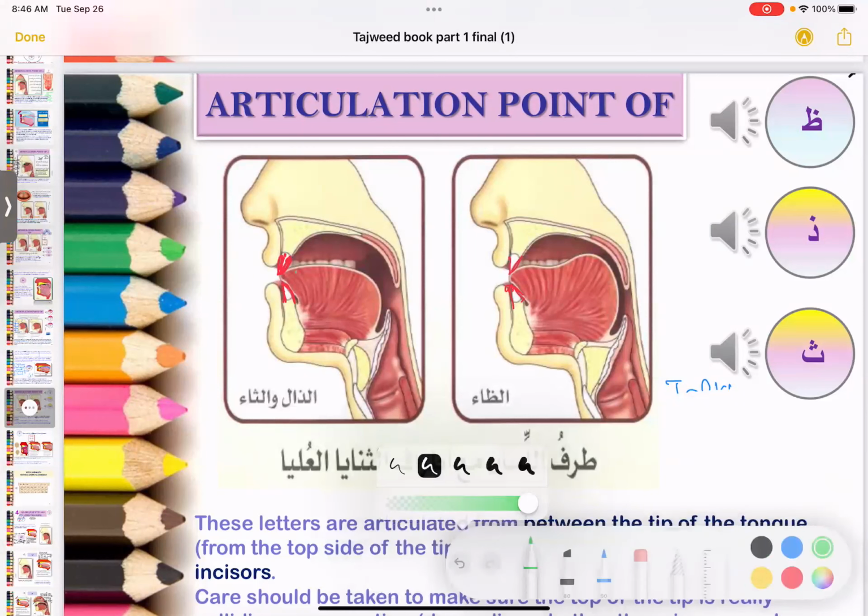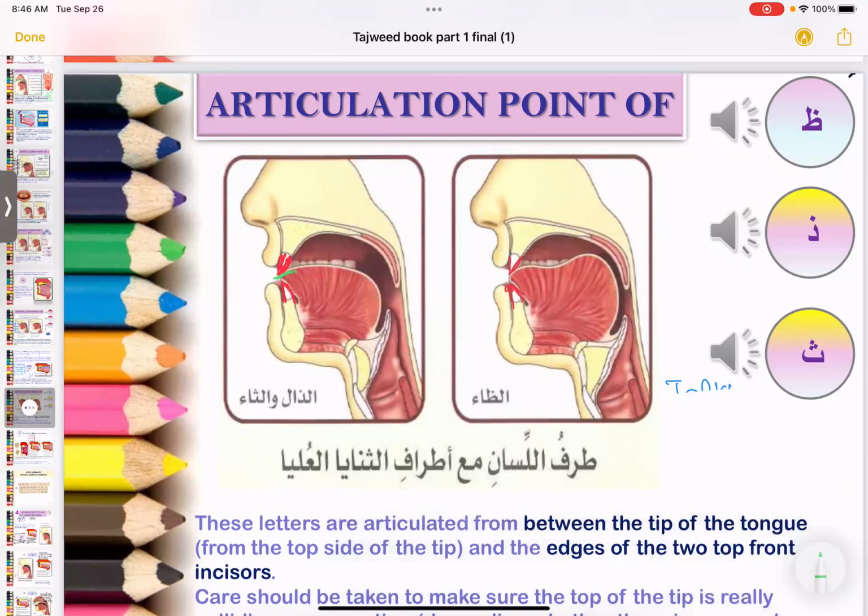There's a portion of your tongue that sticks out, but you rub this portion of your tongue against the top incisors to get the sound of the letters Tha, Dal, and Ta.